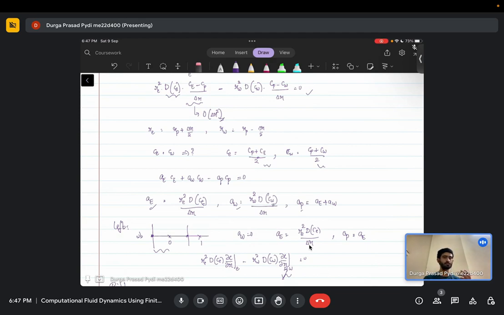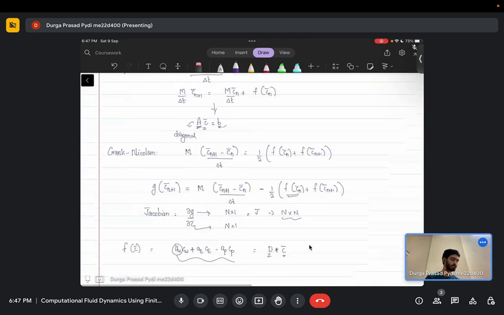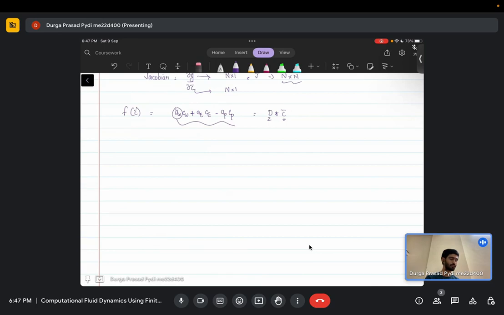So your coefficients will change as a function of both space and time. They are dependent on your concentration, which is again dependent on your space and time. So this differential operator here is not a constant but a function of c bar. So I cannot write it in this way, so I need to understand how I actually get the terms inside D.